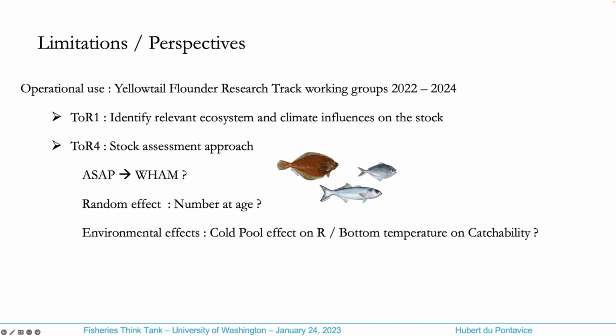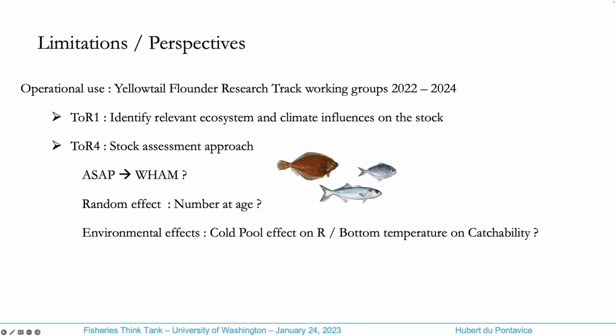In the first term of reference, we will explore the ecosystem and climate influences on the 3 yellowtail flounder stocks. So we will look at the link between recruitment and the cold pool for the stock we focused on today, as well as the relationship between seasonal bottom temperature and recruitment for other stocks.